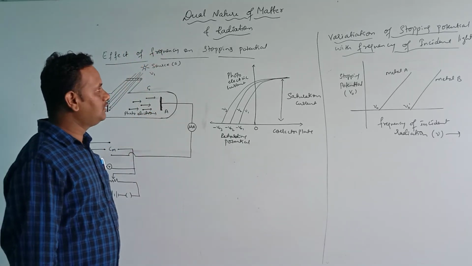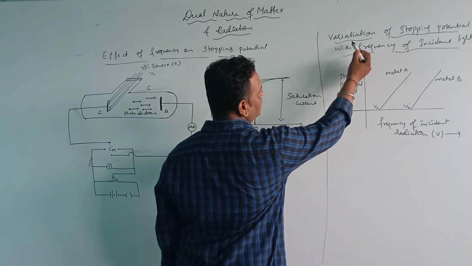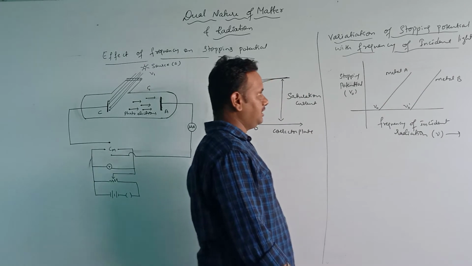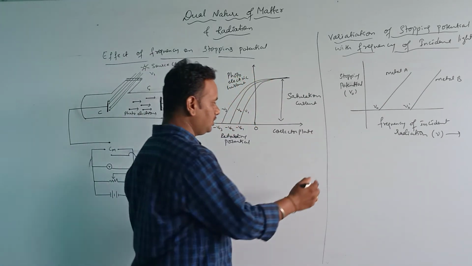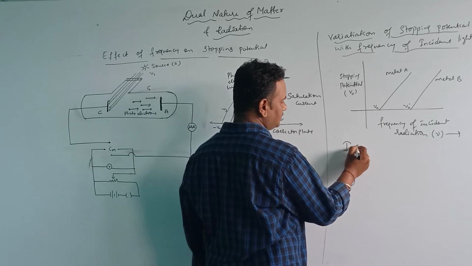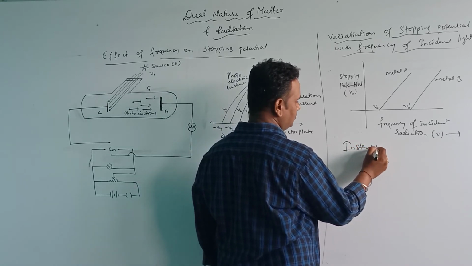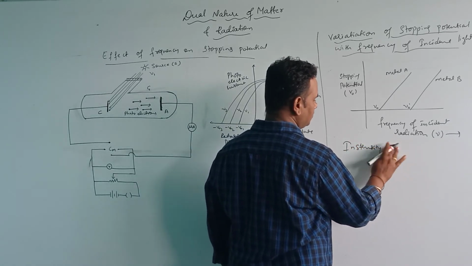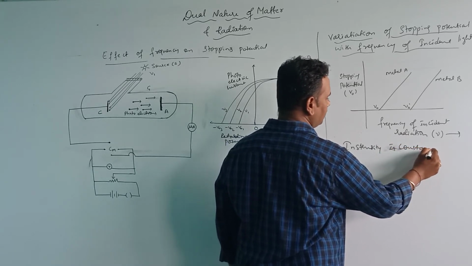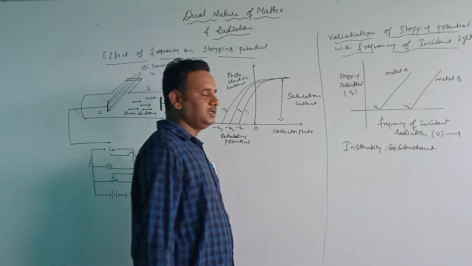So now in the next topic, we are discussing the variation of stopping potential with frequency of incident radiation. For a given photosensitive plate, the intensity is being maintained constant here.